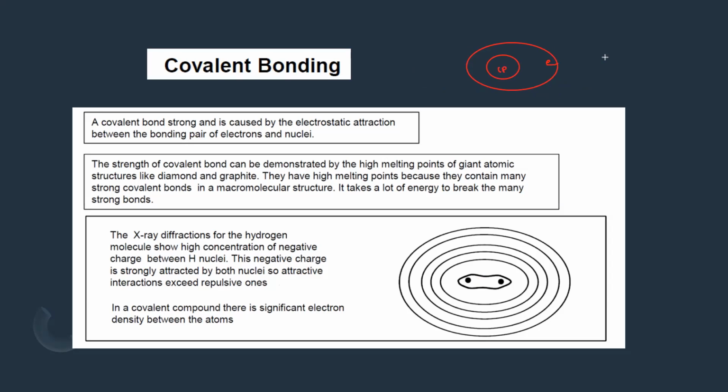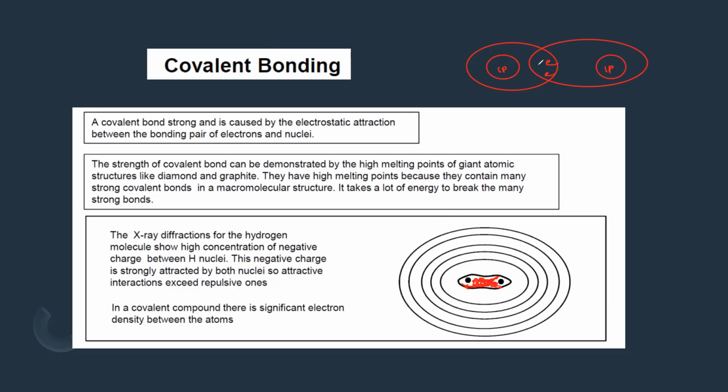In the same way, the other hydrogen has one proton inside the nucleus and one electron, and there is a sharing of electrons between the two. So when we pass X-rays, what pattern do we observe? We observe that there is greater electron density, or the probability of finding an electron is maximum between the two nuclei.